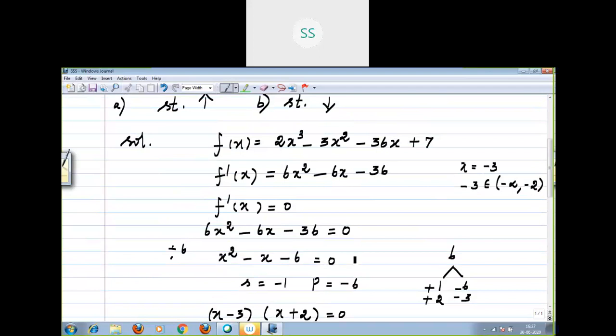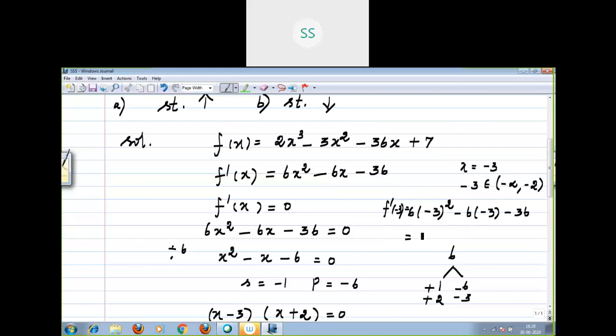So what can you get? 6 into minus 3 the whole square, that is your derivative. This is for your understanding purpose I am doing. You don't have to do it in the exam. Minus 6 into minus 3 minus 36, right?